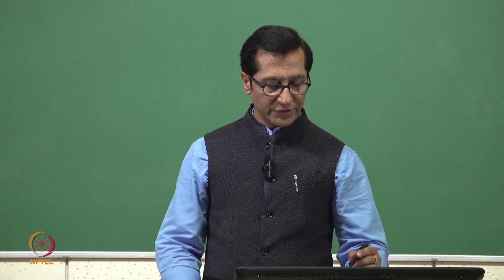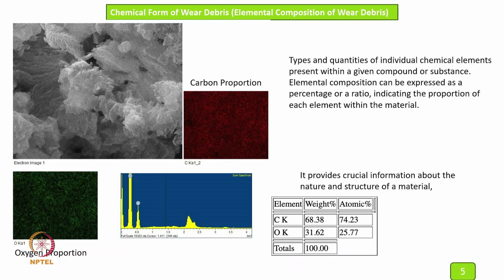Now I'm showing one of the examples which we did in our lab also. You can see here there is graphite flakes, and carbon gets oxidized, and when we examine the wear debris, we find some percentage of oxygen and some percentage of carbon in it.